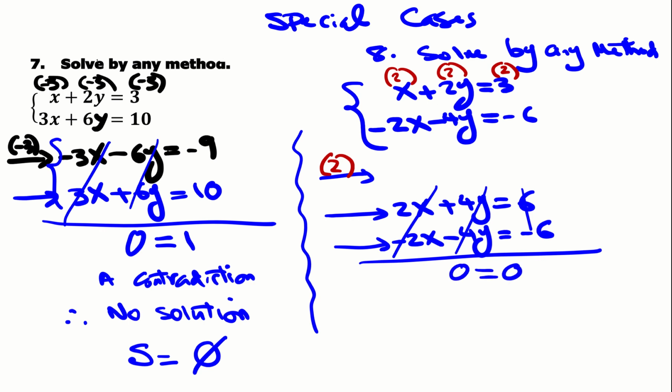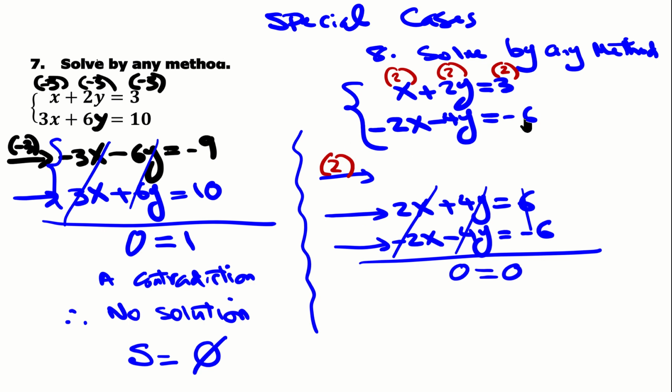Now in this case, that doesn't mean that you have no solution. That means you have actually infinitely many solutions, because if you take a look, you realize that the second equation is just a constant multiple of the first one. Notice when you multiply this equation, for example, by -2, you would get this. Or this is also considered a constant multiple of this.